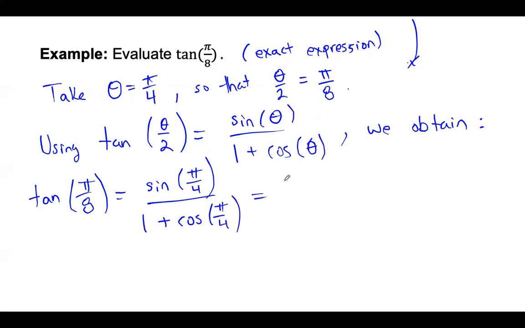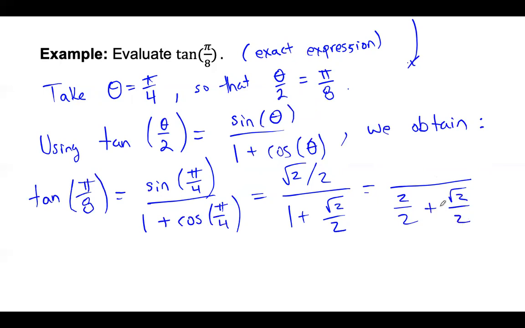We know sine of pi divided by 4 is square root of 2 divided by 2. And our cos, so it's 1 plus, again, square root of 2 divided by 2. And then we simplify this. We need a common denominator for the bottom, so that would be 2 divided by 2 plus square root of 2 divided by 2. The 2's can then cancel.